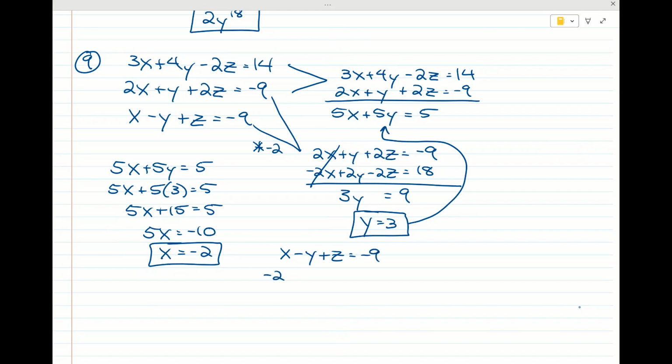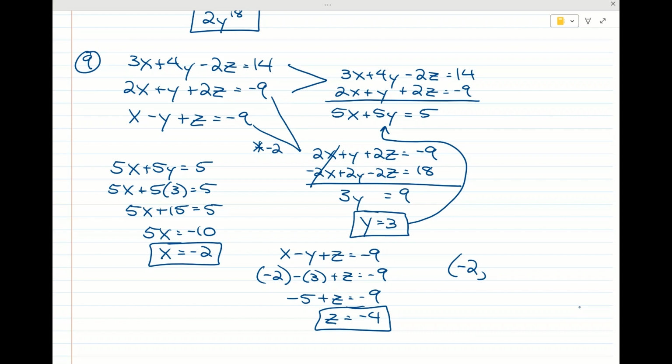So if x is negative 2 and y was 3, negative 2 minus 3 is negative 5, and we just get z would be negative 4. So we could write our answer negative 2 comma 3 comma negative 4.